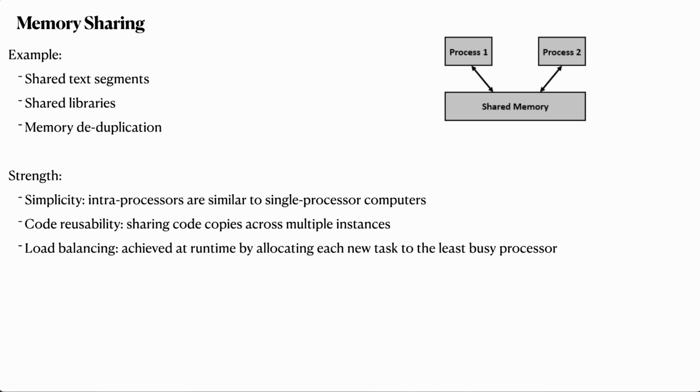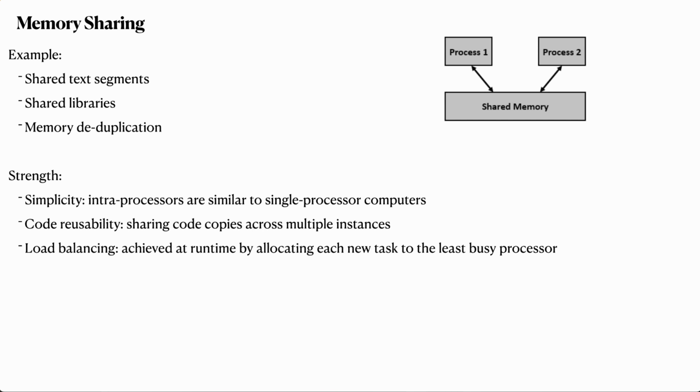Special and fast interconnection networks allow any processor to access any part of the memory in parallel. All processors are under the control of a single operating system, which makes it easy to deal with load balancing. It is also very efficient since the processors can communicate via the main memory.